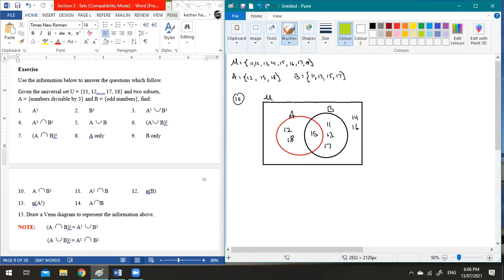Now we can shade this, right? I shade it like this, right? This will be the set A only. And here, this light blue, will be the set B only.